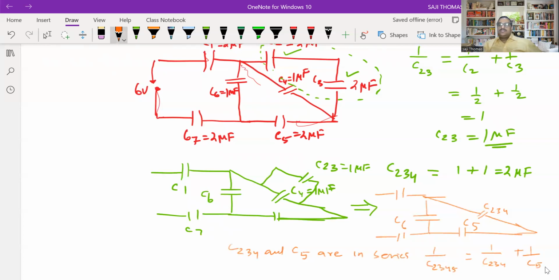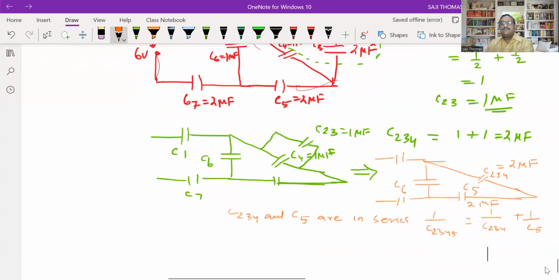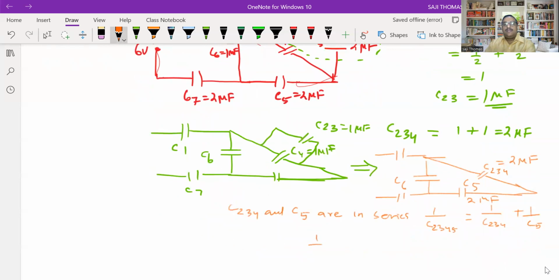Okay. C234 you got as 2 microfarad, and C5 is 2 microfarad. So find the equivalent capacitance: 1 by C2345 is 1 by 2 plus 1 by 2. You get 1. C2345 is 1 microfarad.